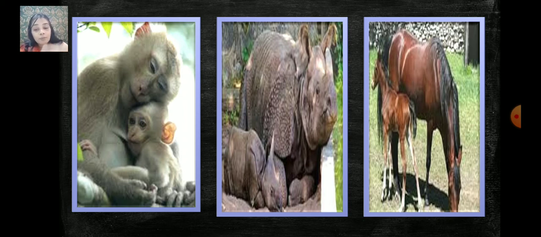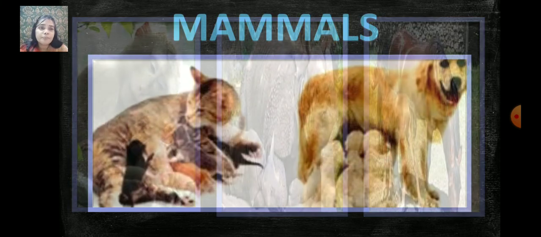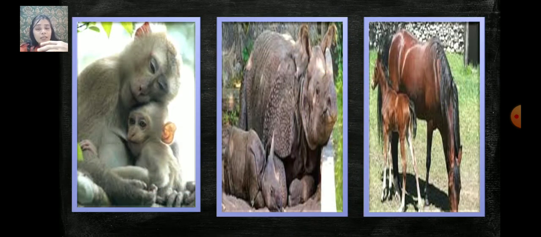Before being born, they live inside the mother's body. When the babies are born, they are very weak. Immediately when a baby is born, are you able to walk, talk, run? No. We cannot walk, we cannot hold, we cannot do anything.